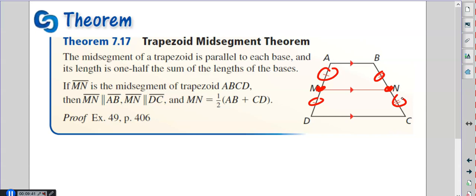MN, this line right here, is half of AB plus DC. So if this was 5 and this was 7, 7 plus 5 is 12, making this 6. If this was 10 and this was 20, 20 plus 10 is 30. Half of that, MN would be 15, and so forth.